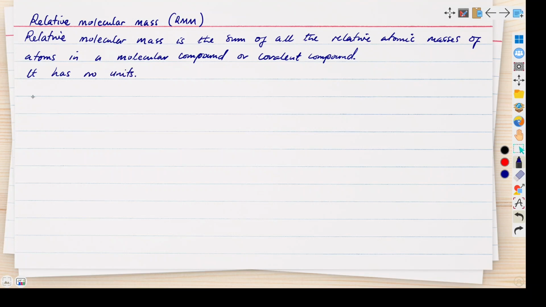Now let's look at the examples. Determine the relative molecular masses of the following compounds.